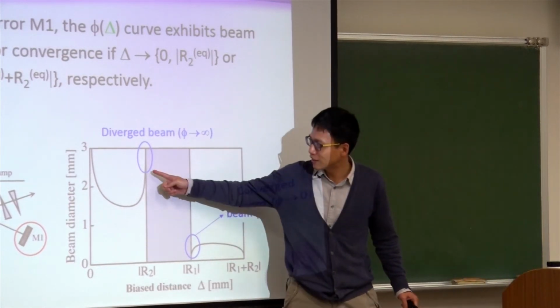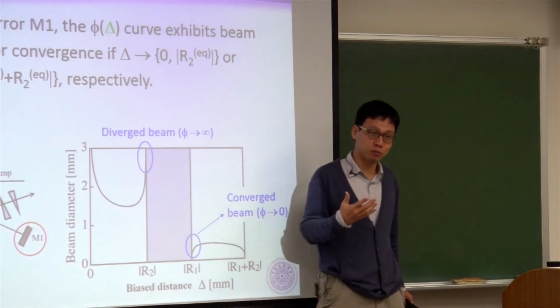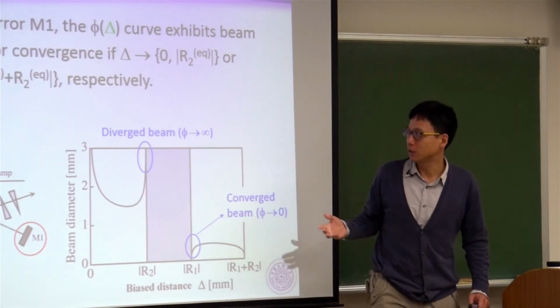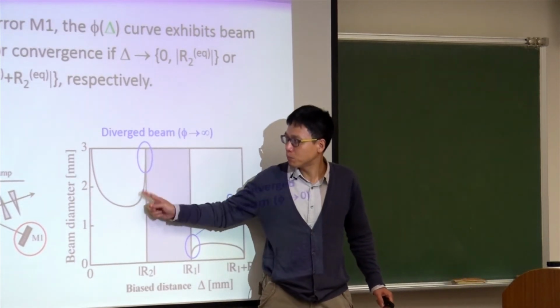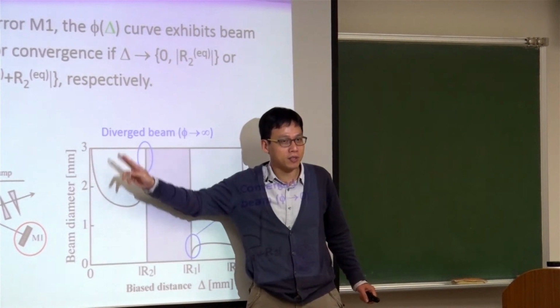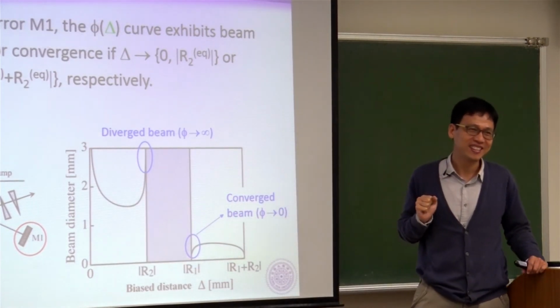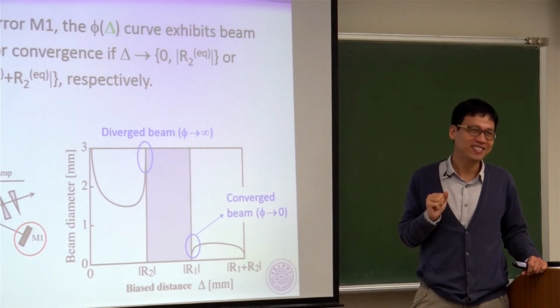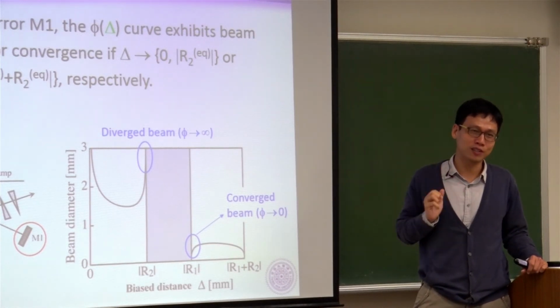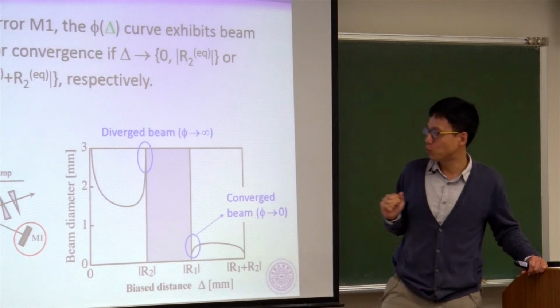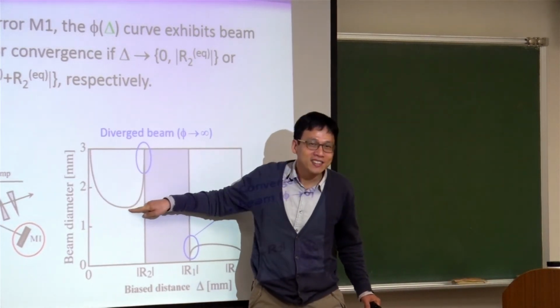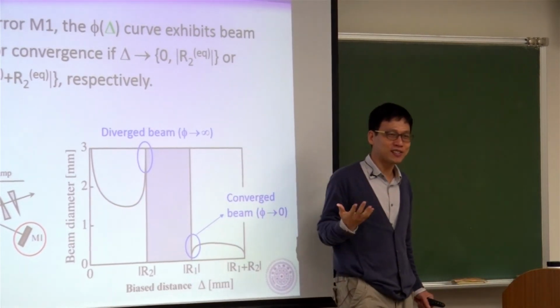Closer to the divergence or convergence would be better. Because at these positions, my beam diameter or beam size is very sensitive to perturbation, and we need that to create the pulse shortening effect. If you work here, where it's very flat, then it's insensitive.